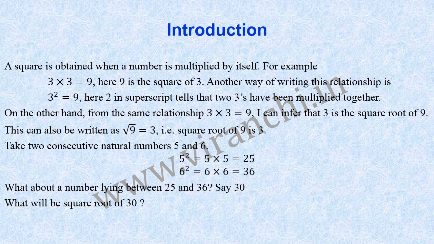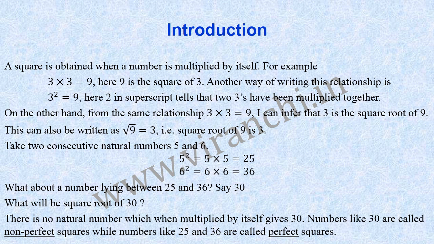Obviously, since 30 lies between 25 and 36, its square root should lie between square root of 25 and square root of 36. That is between 5 and 6. And we know there is no such natural number between 5 and 6. Therefore, I can say that there is no natural number which when multiplied by itself gives 30.